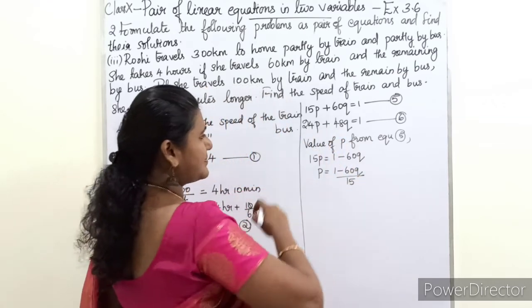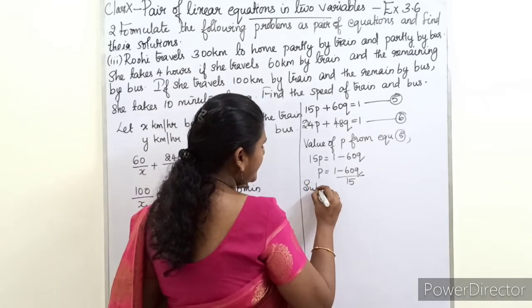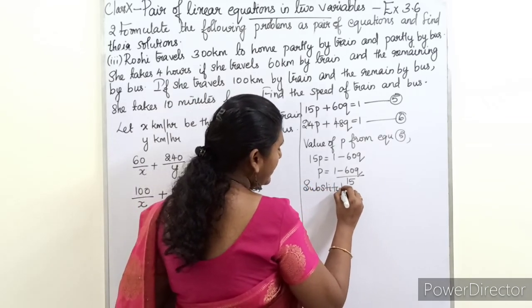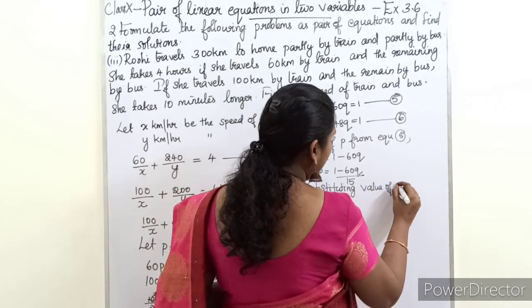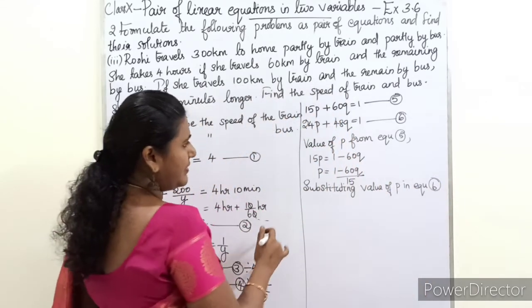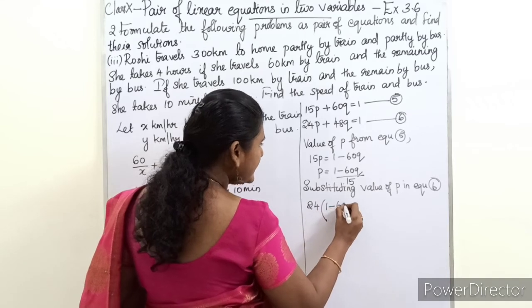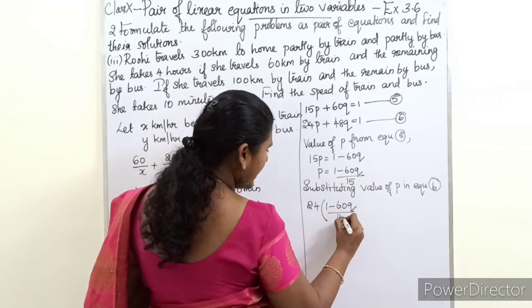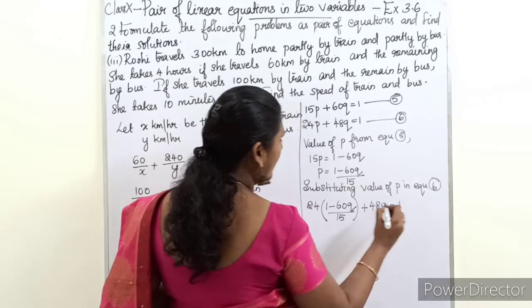This value we will substitute in the 6th equation. So 24 into 1 minus 60q by 15 plus 48q is equal to 1.